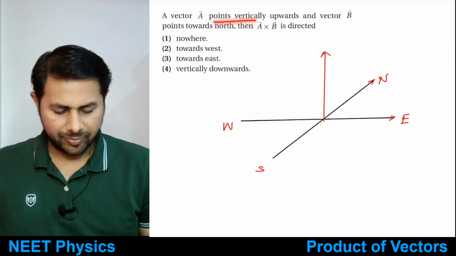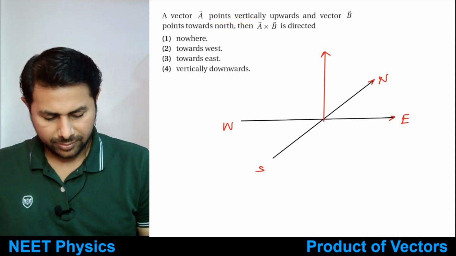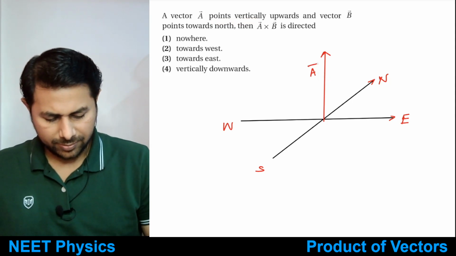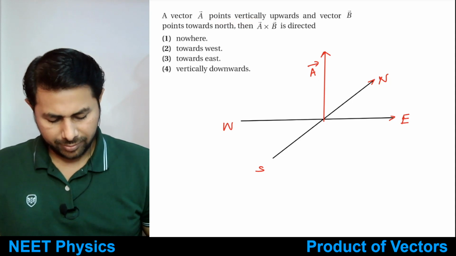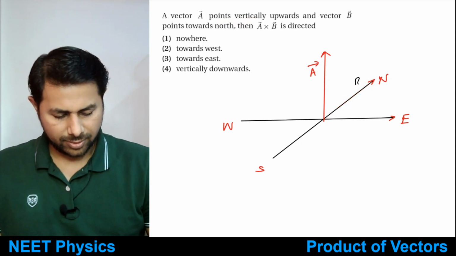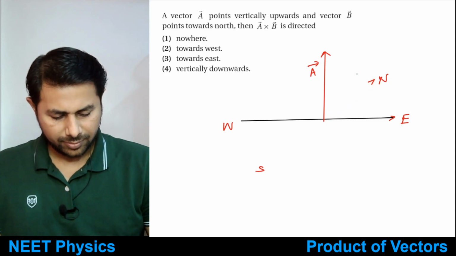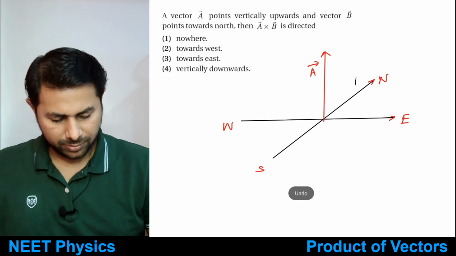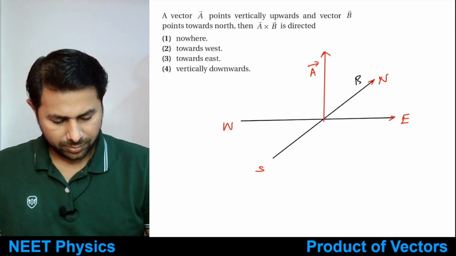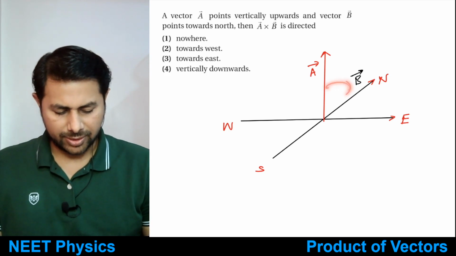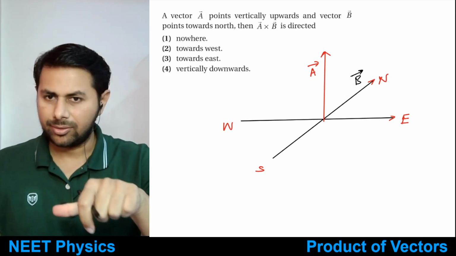Vector A points upwards, so let's say this is A bar. B points towards north, so this is B bar. So A bar cross B bar is directed towards west.